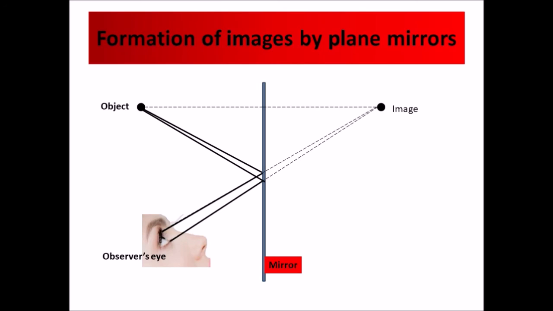And remember, when you draw rays of light, always use arrows to show the direction in which light is moving. And you'll see from the diagram, light moves from the object to the reflecting surface, and then from the reflecting surface to the eye.